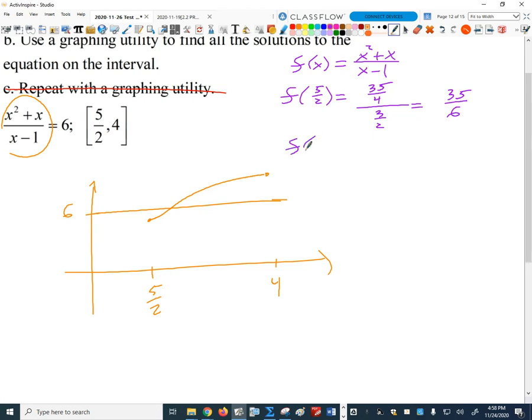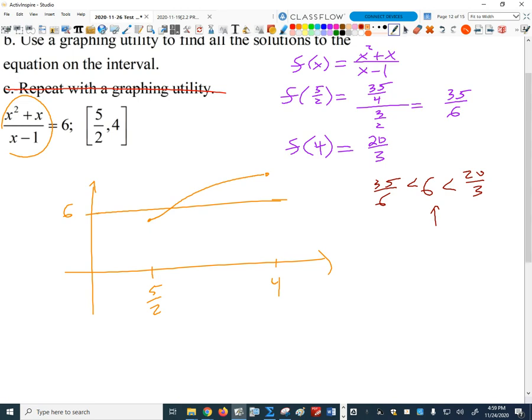And then f of 4 is going to give me 16 plus 4, which is 20/3. And sure enough, let's look at those values. 35/6 is less than 6, and 20/3 is greater than 6. So sure enough, 6 is an intermediate value.